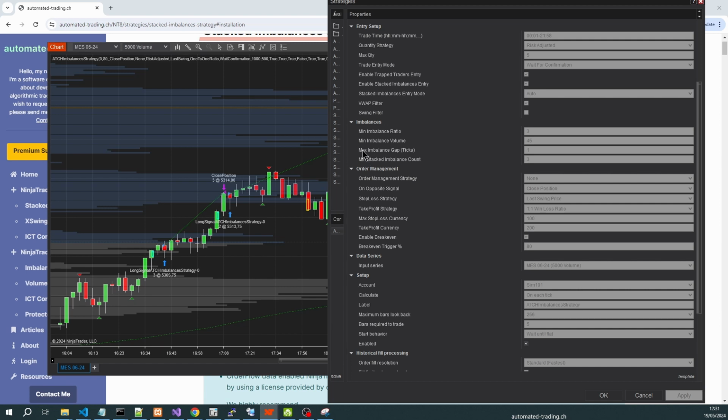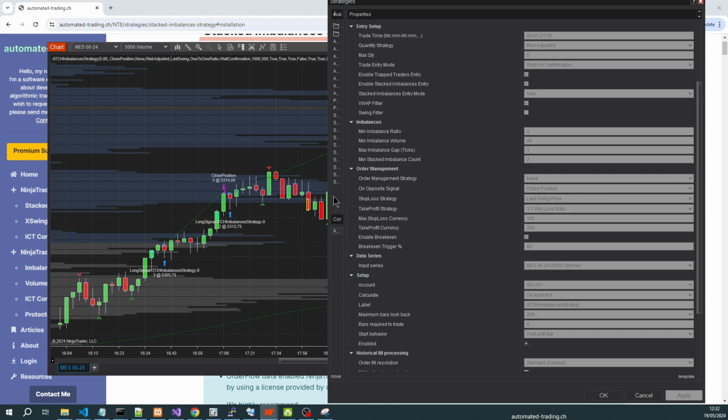The next parameter is the maximum imbalance gap. The stacked imbalances are not always perfect. You can have stacked imbalances that have gaps between their levels. So here I add some tolerance to not skip some stacked imbalances. I set the maximum gap to the minimum level, which is 1. You can increase this to 2, for example, and then you can see more stacked imbalances because you have more tolerance in the detection.